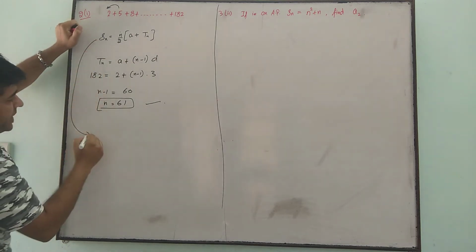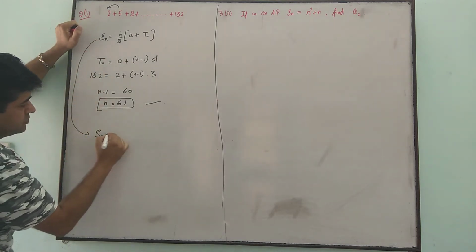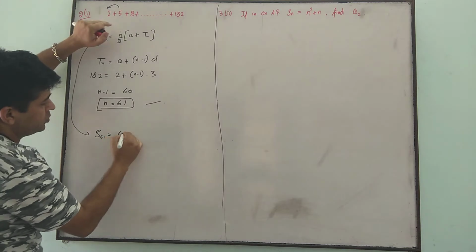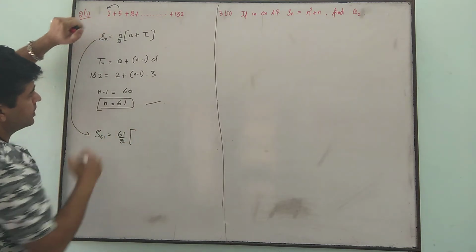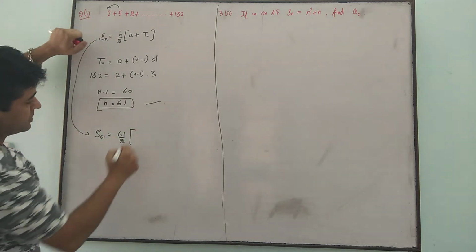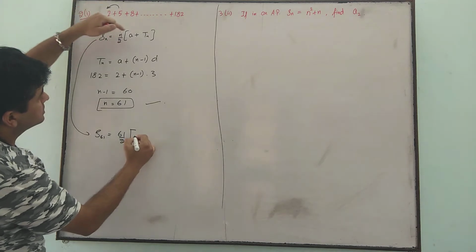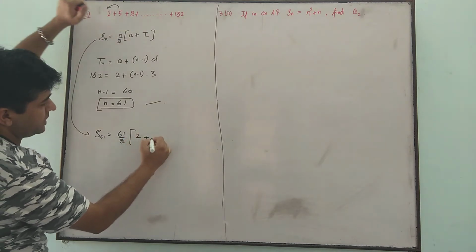Then we can use Sn, n upon 2 times first plus last.